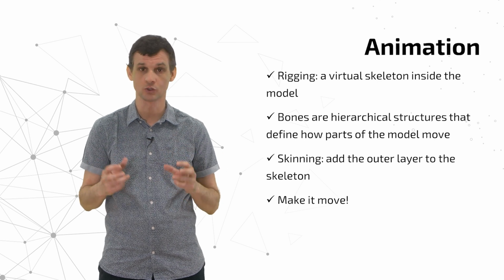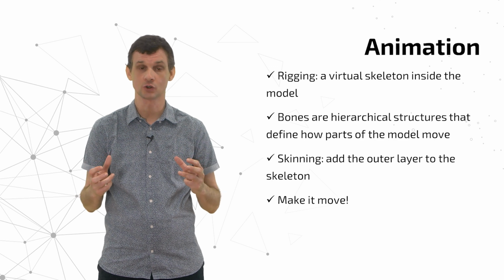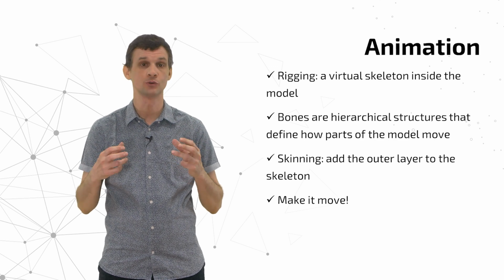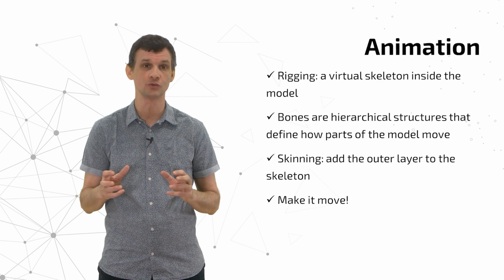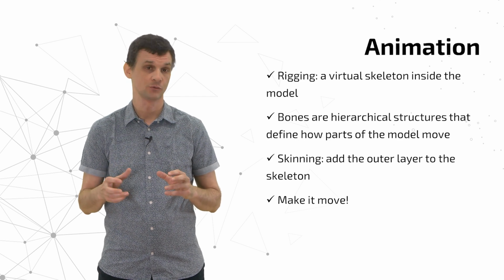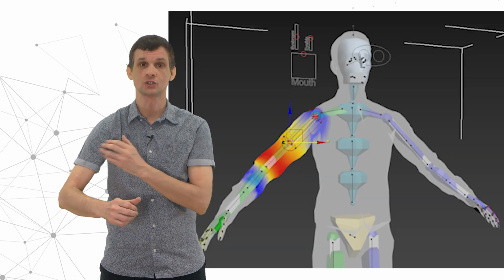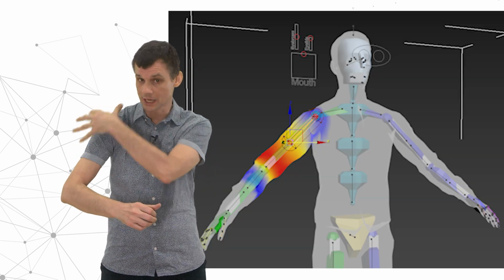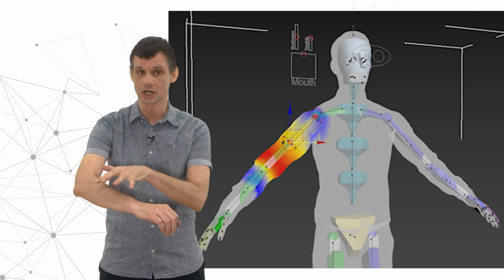This process, called skinning, ensures that when a bone is moved, the correct part of the model's mesh moves with it. Not all parts of the mesh should move equally with the bones. For instance, a bone in a character's upper arm should have a lot of influence over the muscles of the upper arm, but less influence on the lower arm or chest.